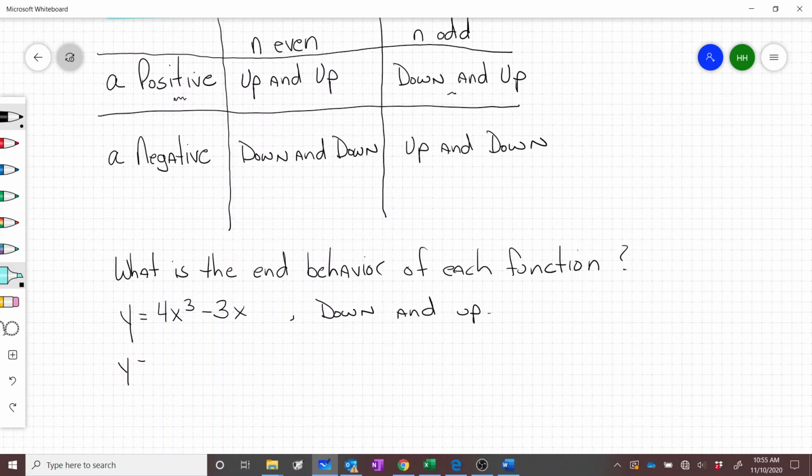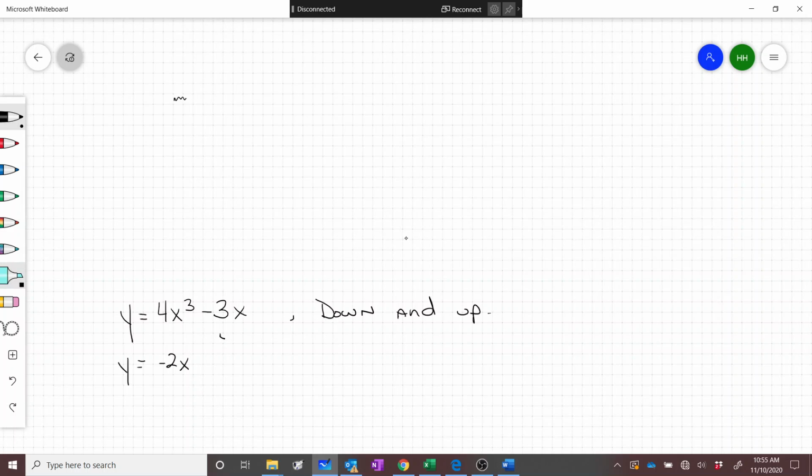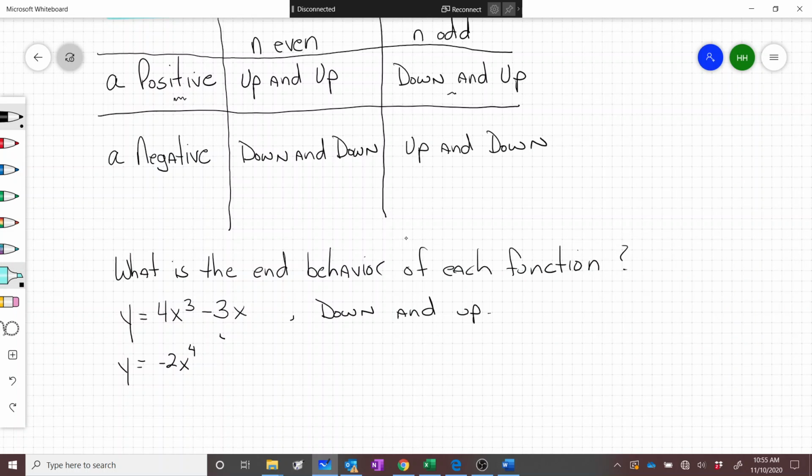If y is equal to negative 2x to the fourth plus 8x to the third, just look at the negative 2x to the fourth while you got it, right?